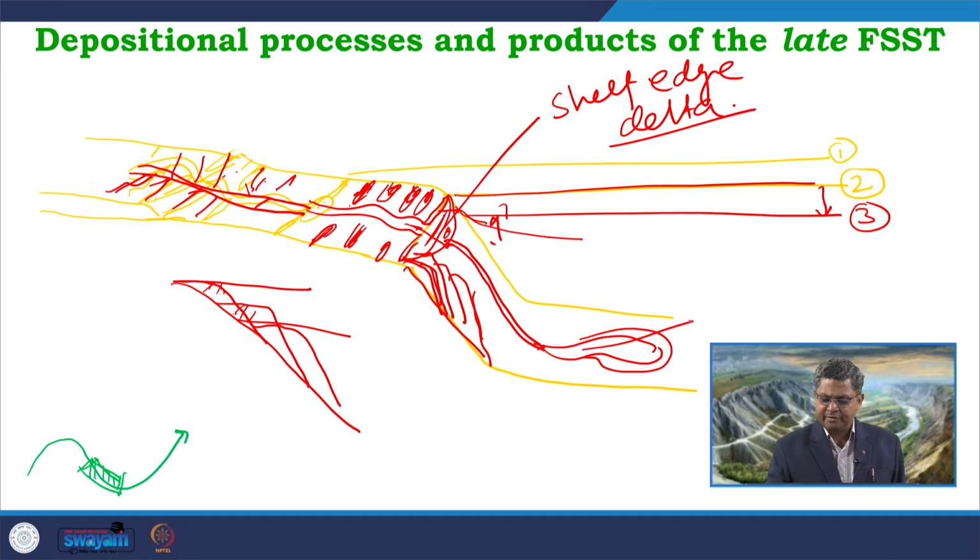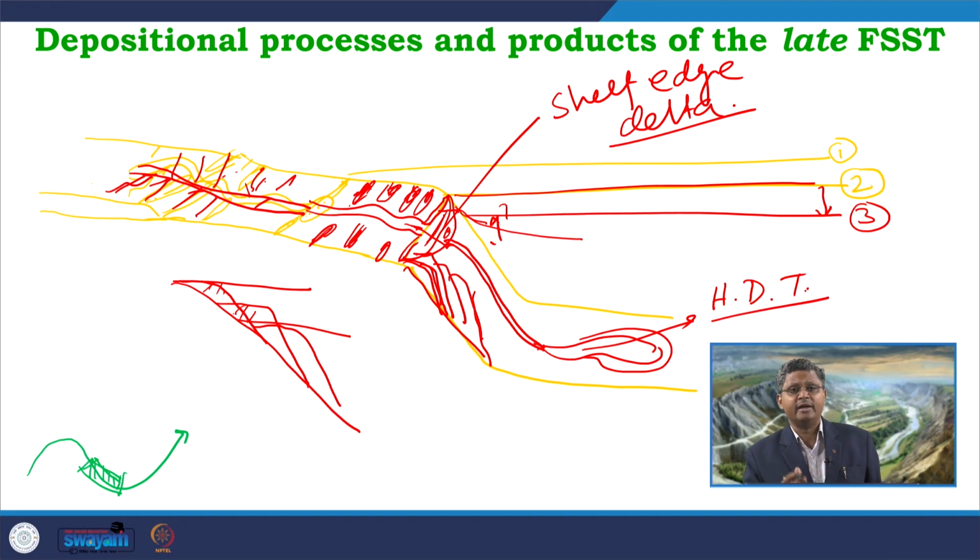So, what will be the characteristic of this flow? They are high density turbidity currents, where the dominant unit is the sand supplied by the river earlier, which were getting deposited in the shore areas in the delta part, delta mouth bar area.